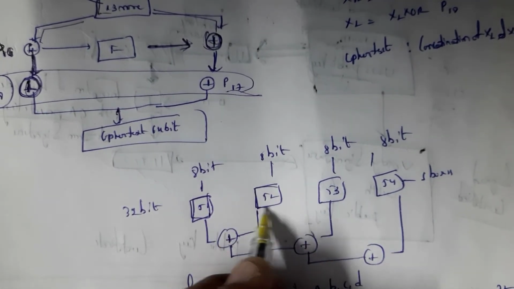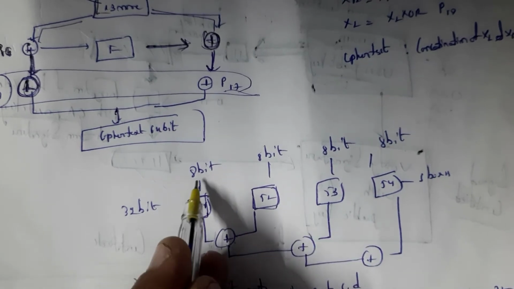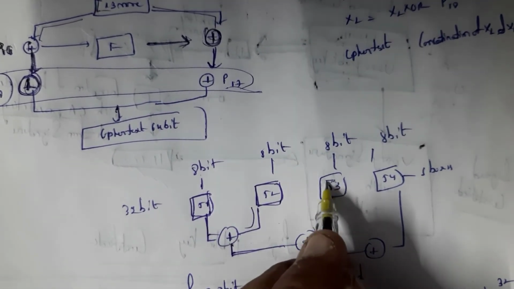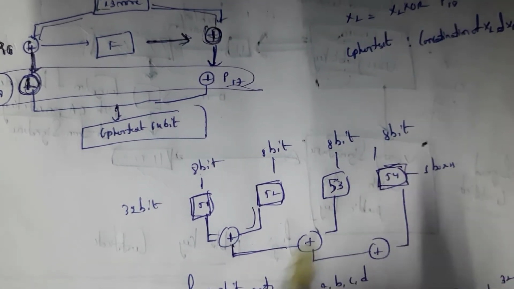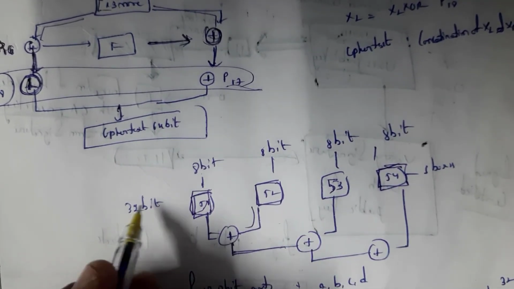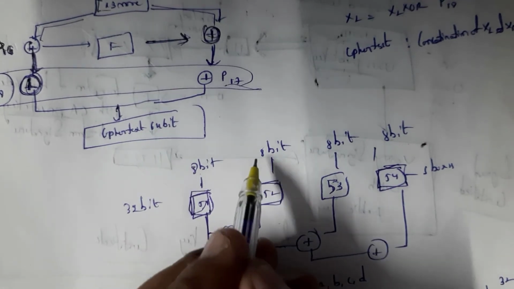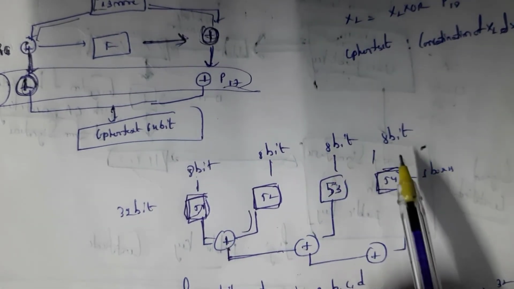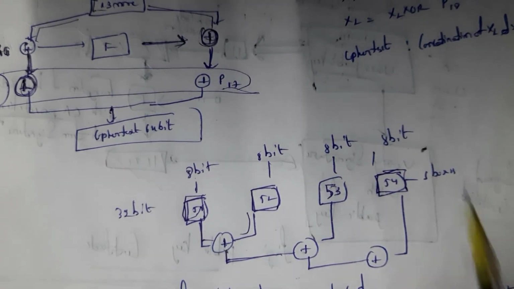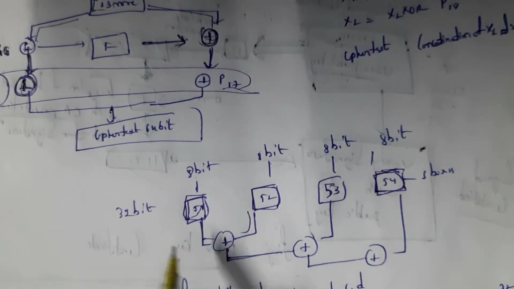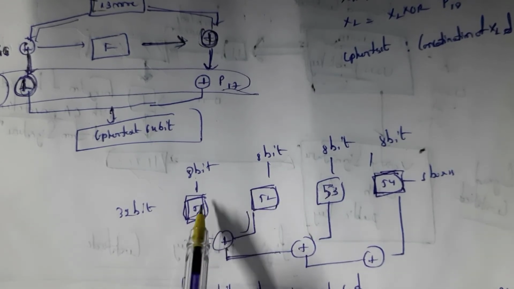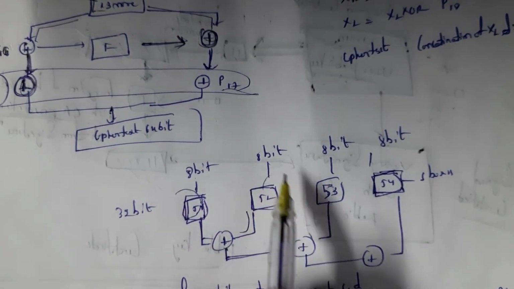For example, there is text 51 comma 52, both are 8-bit, both are XORed with, there are 4 32-bit, 8, 16, 24 and 32. This 32-bit text is divided into two parts. 51 and 52 is the left side part and this 52 is the right side part.